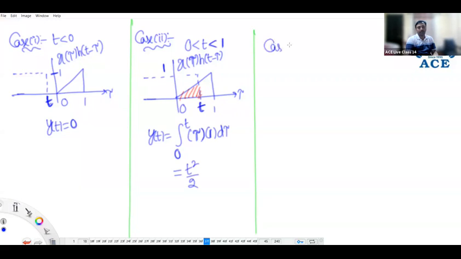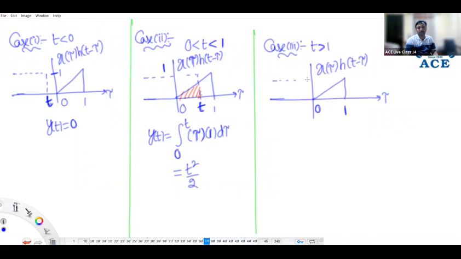What is the last case? T greater than 1. Again, x of tau remains the same. Shifted signal from minus infinity to t.